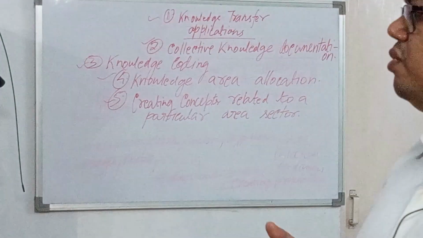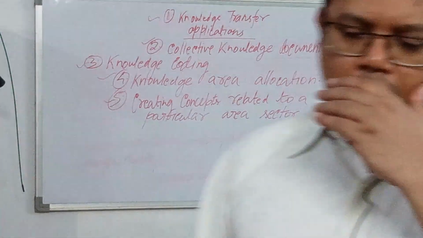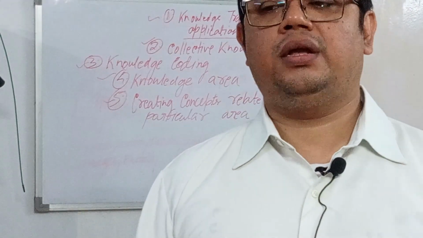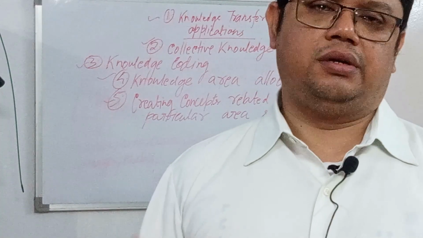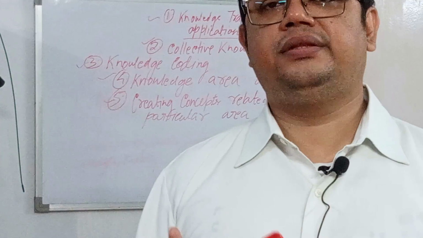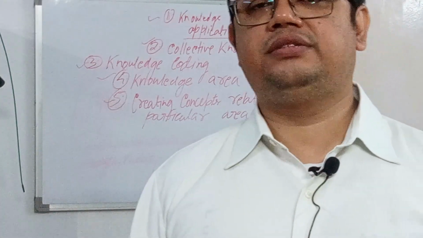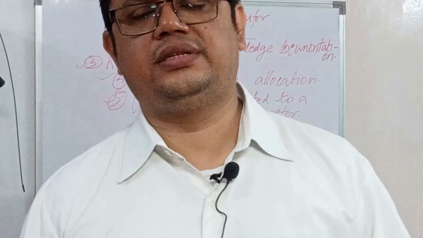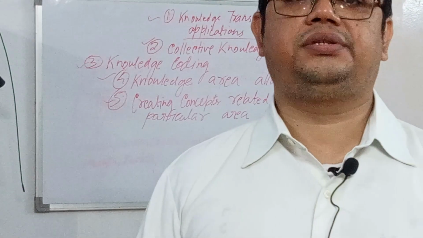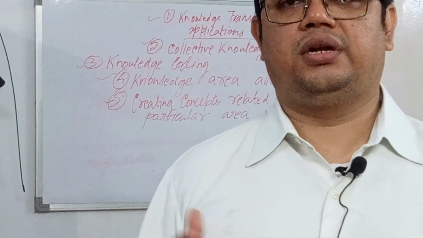Once these notes and note making and all these things are done, captured on paper, that needs some kind of coding. The coding is done to categorize these knowledge packets, information situations, into different categories of information and knowledge.